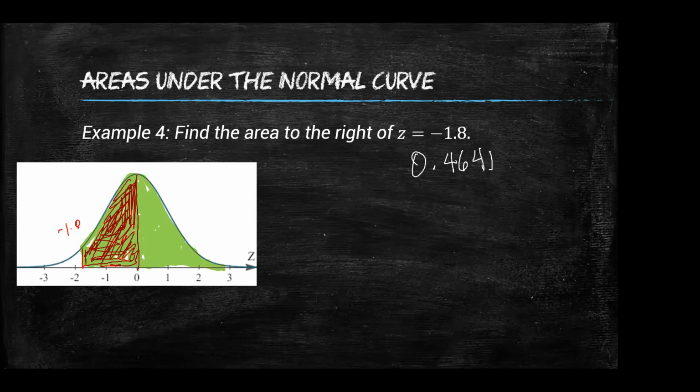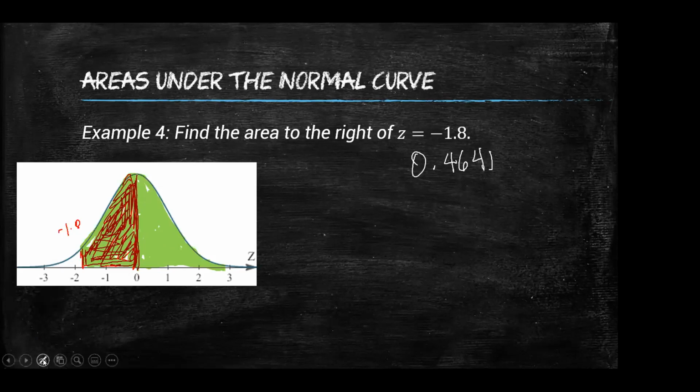I-add natin yung area from the z-score to 0 hanggang yung isang region, yung kabila, yung buong kalahati. Okay, kasi ito buong half ng normal curve plus yung distance nitong 0 papunta doon sa 1.8 dito.